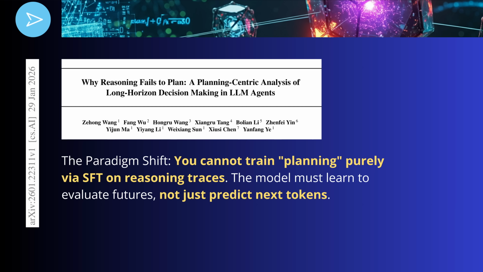You cannot train planning in an LLM purely via supervised fine-tuning on the reasoning traces of a big brother model. The model must learn to evaluate all the futures, not just to predict the next token. So I think you have now a good idea. There's a new generation of AI models, hopefully coming real soon.